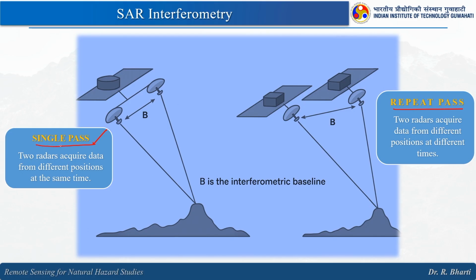When we talk about the single pass, two radars acquire data from different positions at the same time. This is called single pass. When we talk about the repeat pass, again we have two radars, but they acquire the data from different positions at different times. So, that is the difference, right.